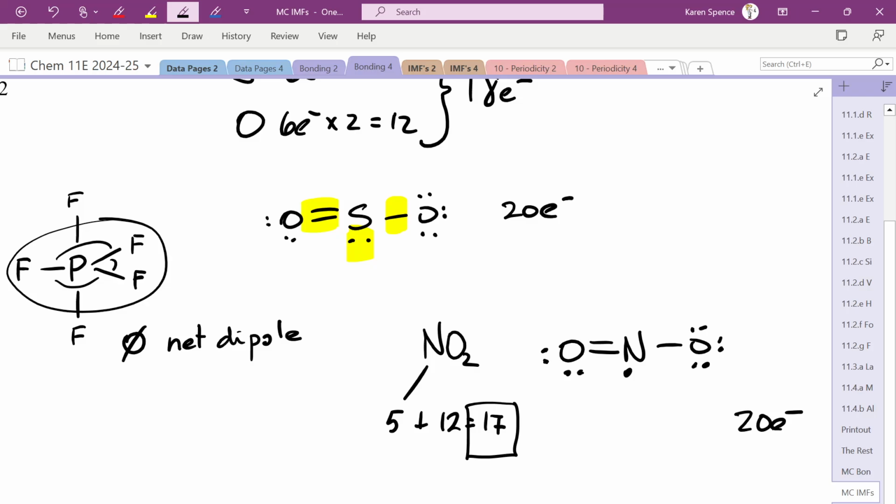Okay? And yeah, nitrogen only has 7, but that's all we can do with an odd number of electrons. We cannot satisfy everybody. Okay? But you still have asymmetry. Yes, you've still got 1, 2, 3 electron domains, even though you've only got 1 electron, and the geometry might be a little bit weird. I don't know what the bond angles would be. But they haven't asked you that, so that's a good thing.